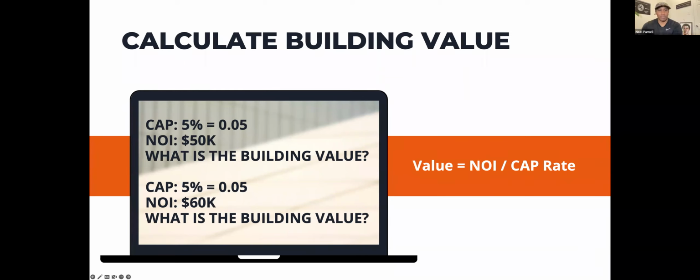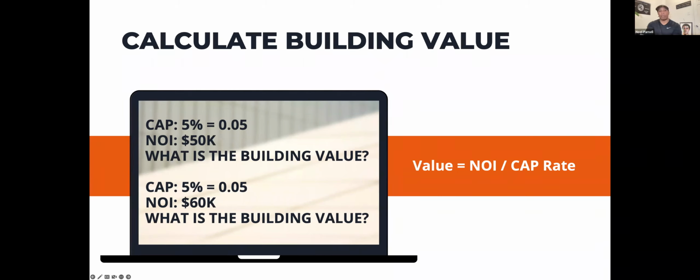There you go. If the cap rate is still 5%, and now we increase your net operating income to $60,000, and remember we talked about value add before and how we can get increases, maybe we placed in additional pet fees, like $25 a unit, things of that nature. Those things add up.